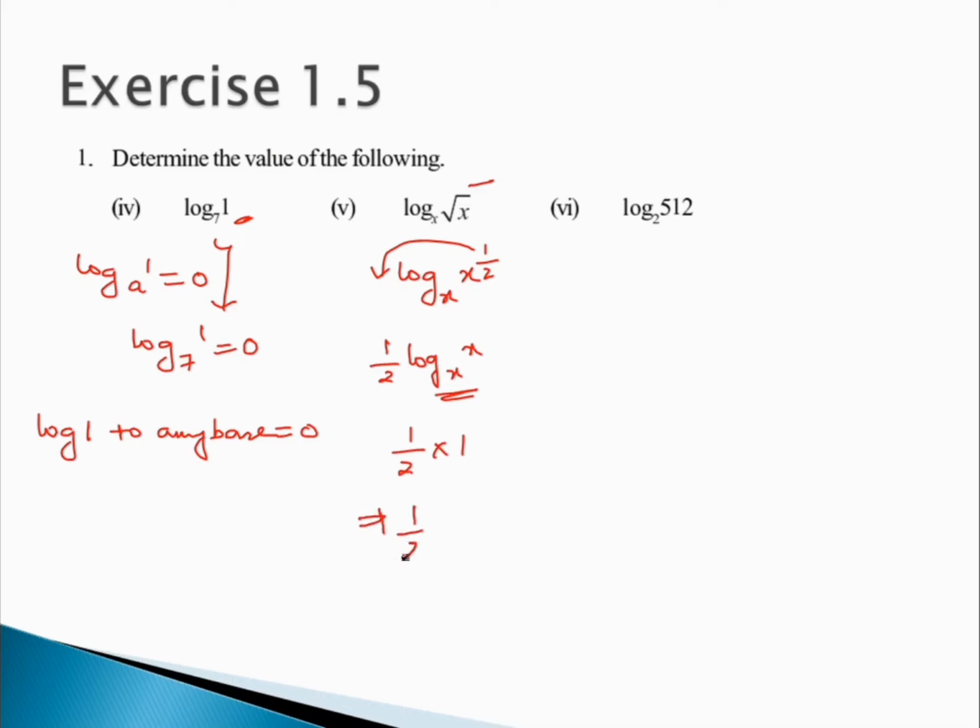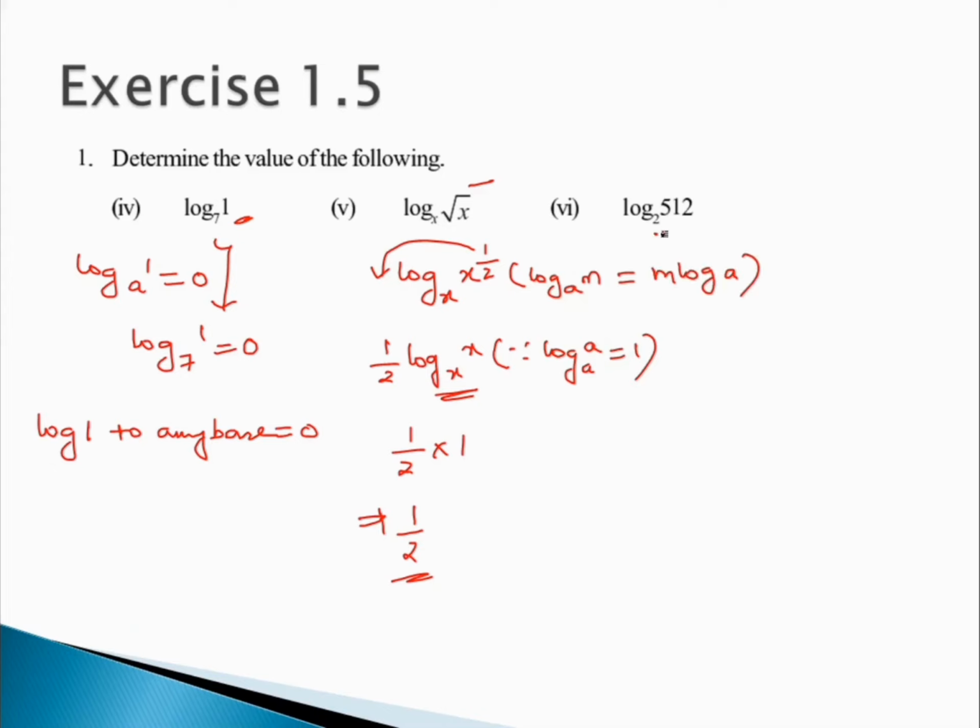The result here is 1 by 2. Using the formula over here, log e of e is 1, and over here I am using the log of e to the power m is equal to m log e.